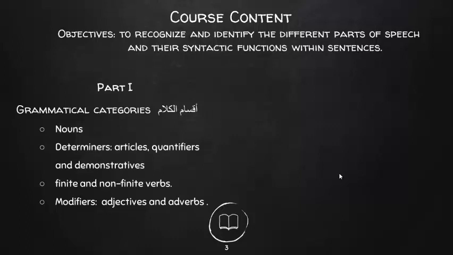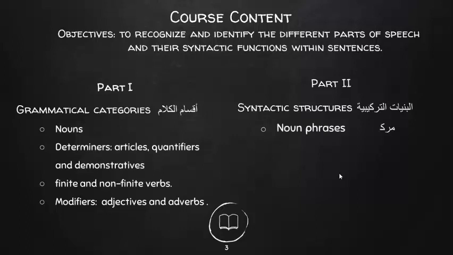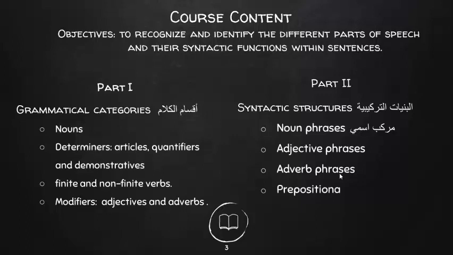In the second part of the course, we will tackle syntactic structures, which are noun phrases, adjective phrases, adverb phrases, and prepositional phrases. Of course, there are other categories of phrases, but we are going just to study these 4 types.